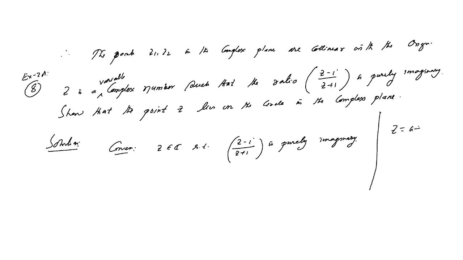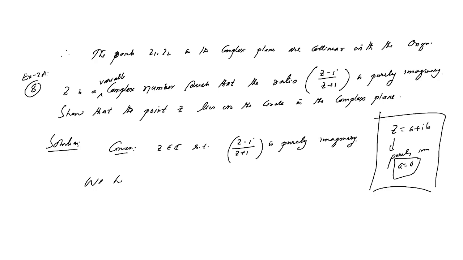If Z equals a plus ib and it is purely imaginary, that means a equals 0. The real part is basically 0. If a complex number's real part is 0 and the imaginary part is non-zero, then this complex number is called a purely imaginary complex number.